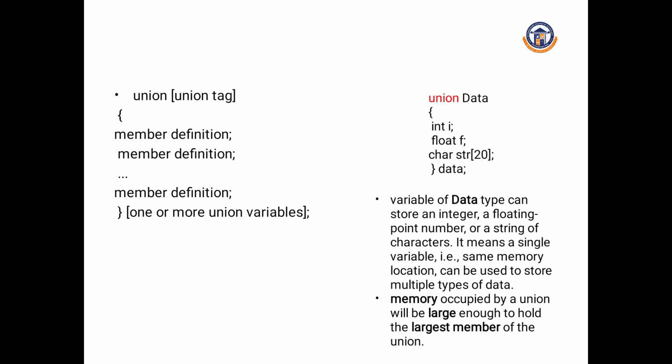Here I have assigned 20 characters, so 1 into 20 is 20. So the larger memory needed by a member of the union is the character string, which needs 20 bytes. So the memory allocated for the whole union will be 20 bytes. This was the main disadvantage of the union: in some cases it allocates memory for only the largest member present in the union.